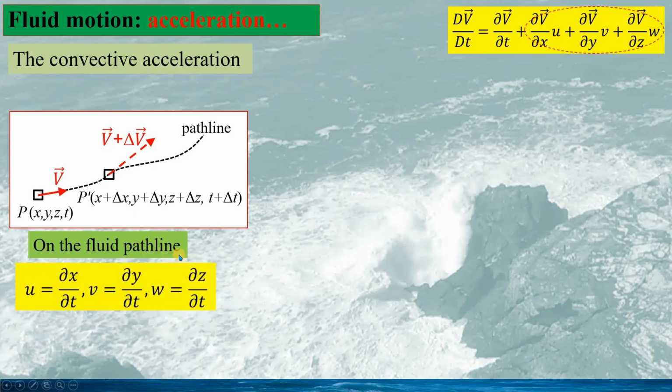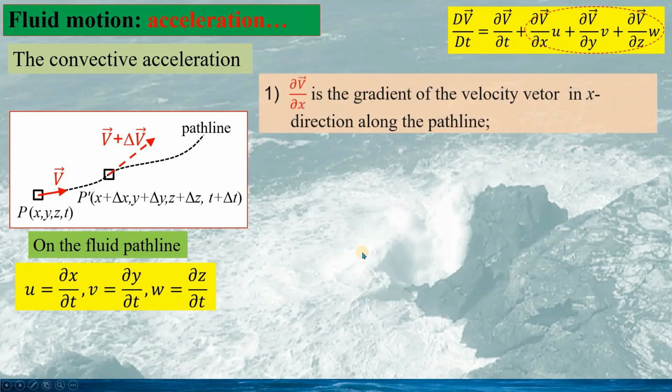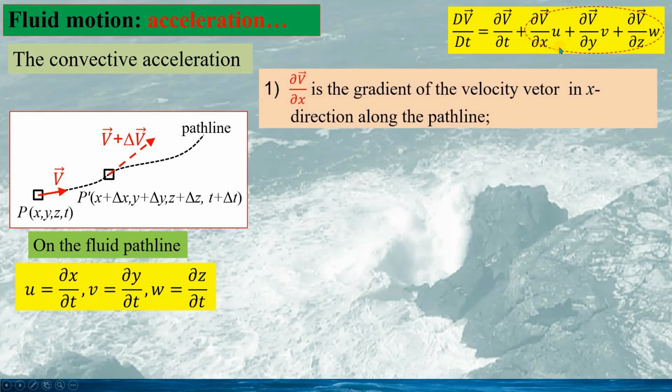So on the fluid path line, the velocity components u, v, and w would be given as the partial differentiation of x with regard to t, y with regard to t, and z with regard to t, respectively. Now we look at the expression for the convective acceleration.